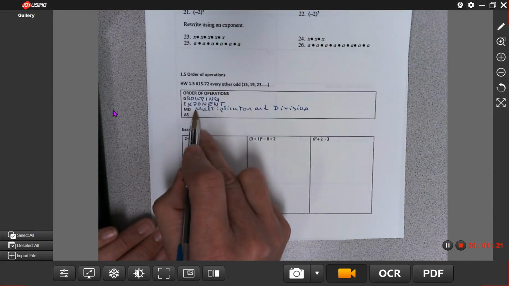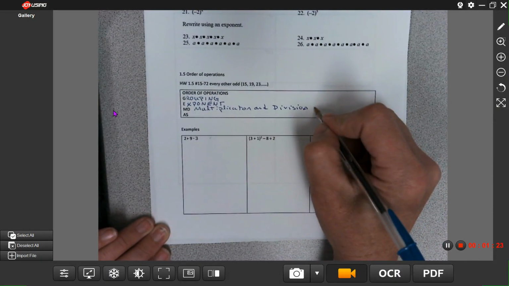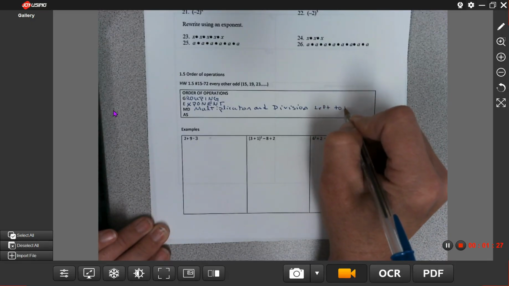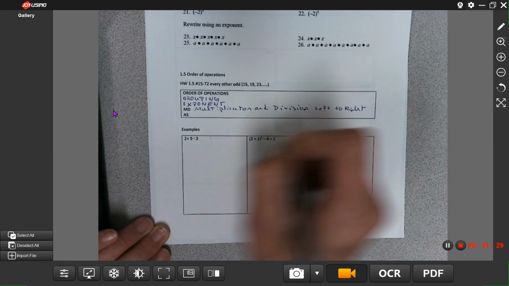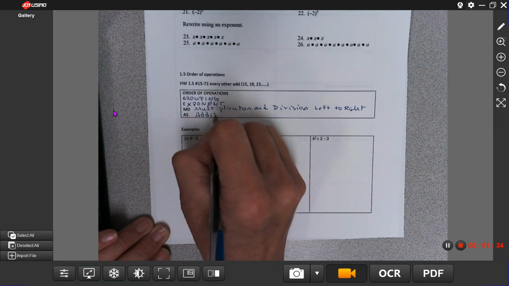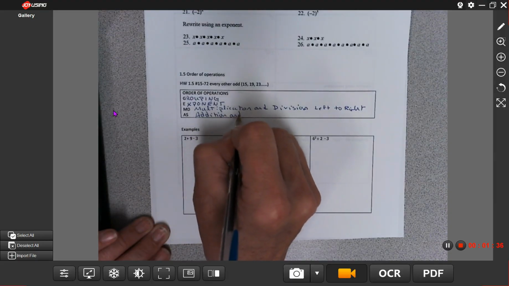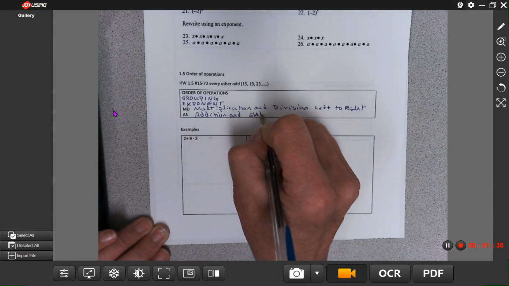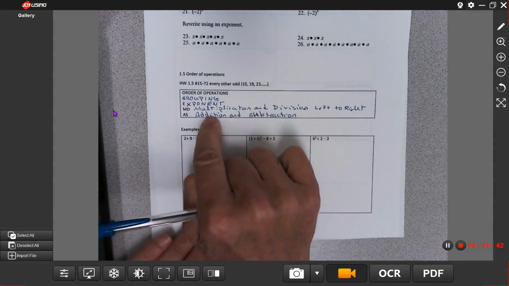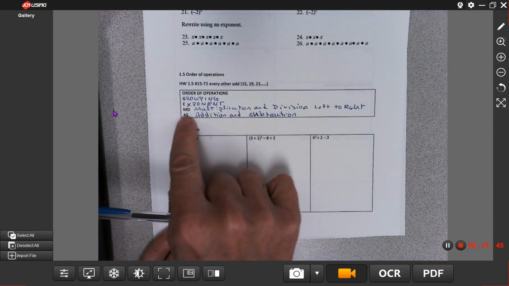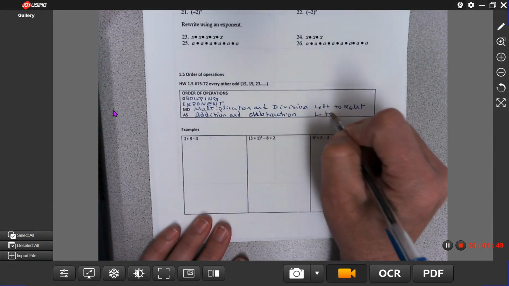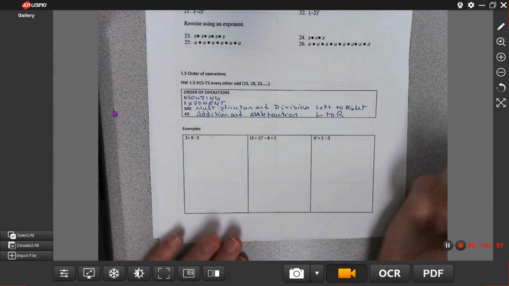If you have multiplication and division in a row, you do them from left to right. And AS stands for addition and subtraction. And again, it's not that you do addition first, it's that you do any addition and subtraction that are all in a row from left to right. I'm going to abbreviate that L to R, left to right.